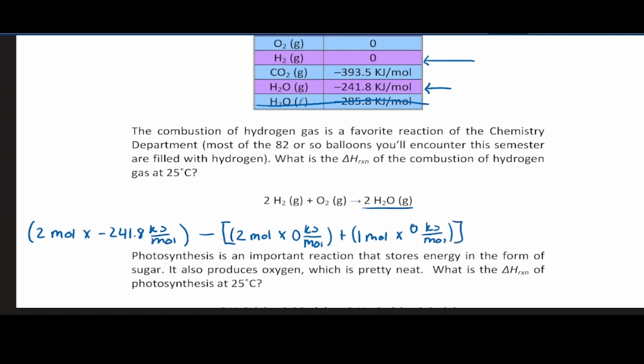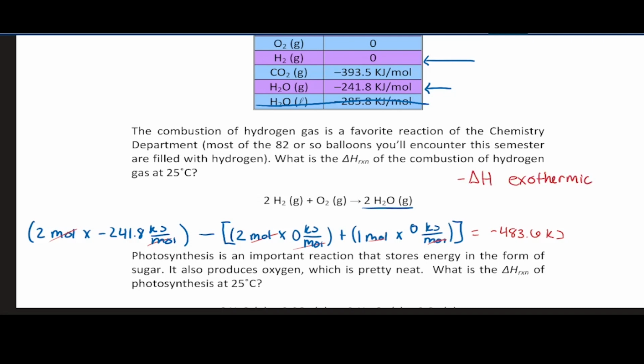And the first thing that we can notice is that our units are going to cancel for our moles. And what we'll end up with is a negative 483.6 kilojoule enthalpy. So this is a negative delta H, meaning it is exothermic.